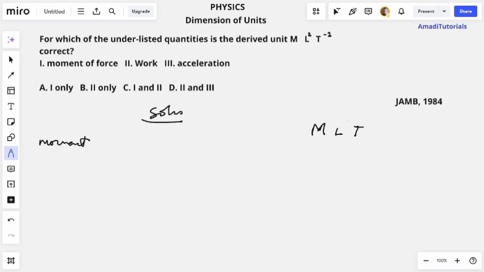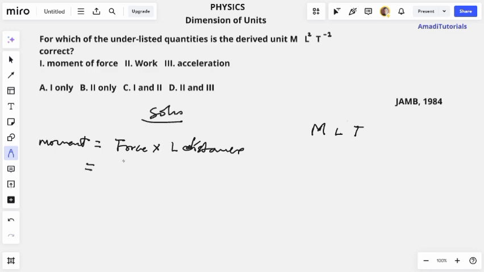Moment of force is defined as the product of force times the perpendicular distance from the line of action. So that's the definition of moment of a force.